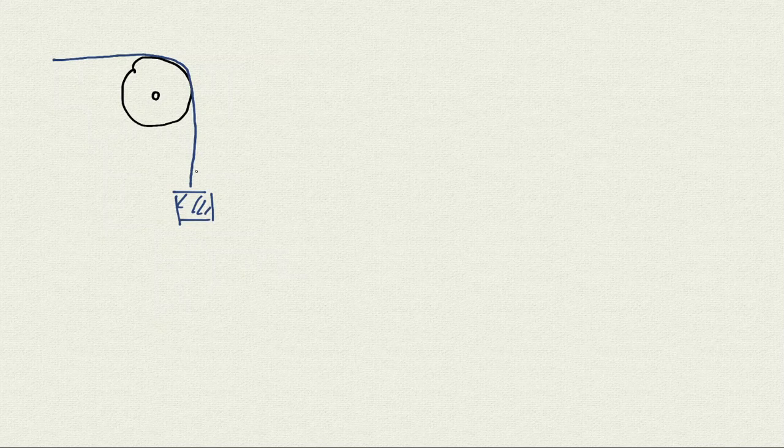Most of the time when we are doing this, we cut the rope and then draw the free body diagram of the rest. So again, I have the pulley, and I cut the rope. If this is my rope, I will cut the rope here, and then I will put the tension there. It's going to be T.